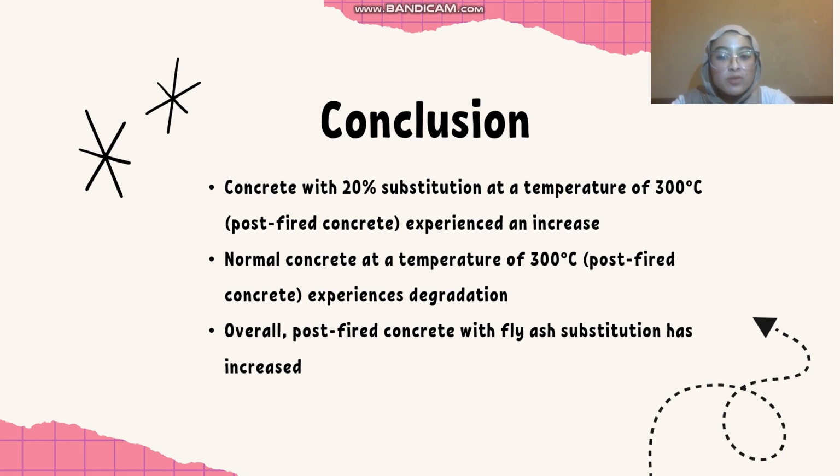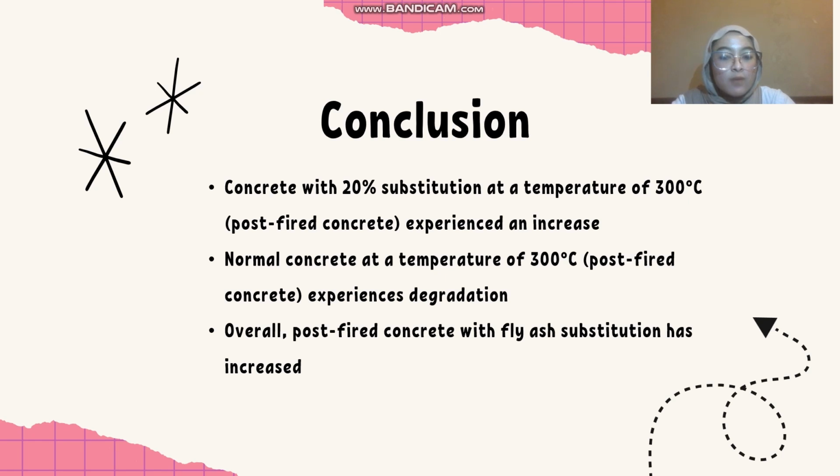Overall, post-burning concrete with fly ash substitution increased compared to substitute concrete with fly ash without burning. So, it can be concluded that post-burning concrete with fly ash substitution increased compared to substitute concrete with fly ash without burning.